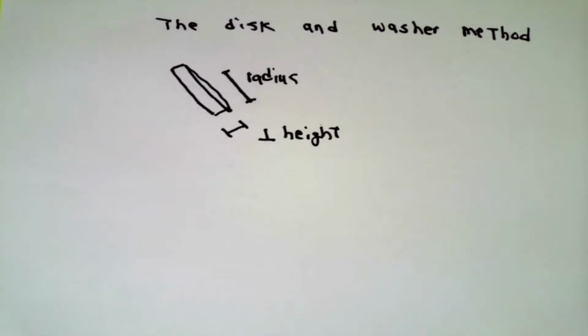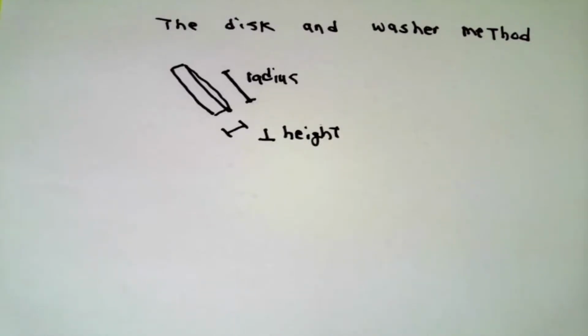These slices will each have a radius, a circular radius, and also a thickness or height that's perpendicular to the circular cross section. For now, I'm just going to call the radius by the word radius and the perpendicular height by perpendicular height. I want to think about how many cubic inches or cubic meters or whichever units you're using.